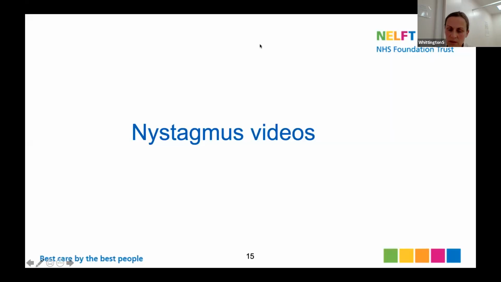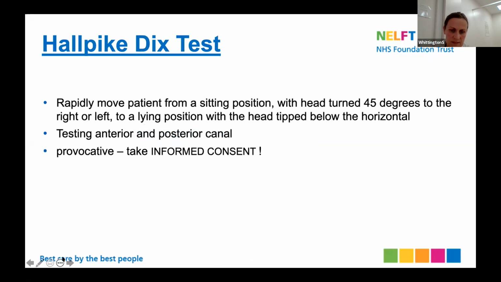There are some central causes for nystagmus, but the one I just showed you is the one that you want to look out for. It's that torsional component, that fast beat to the affected side, with a little bit of beating towards the upper lid.